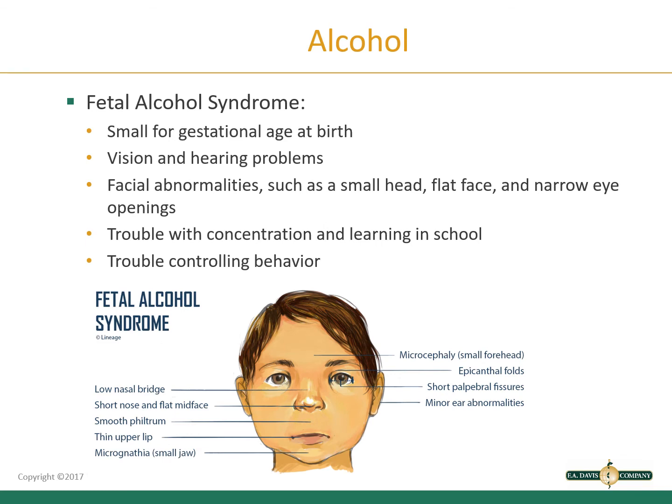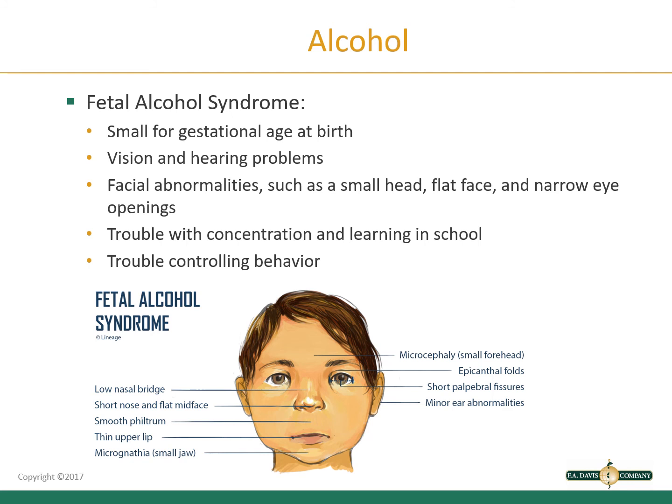Pregnant women should avoid alcohol throughout the pregnancy to prevent lifelong problems for their child. Fetal alcohol syndrome is a condition in a child that results from alcohol exposure during the mother's pregnancy. Fetal alcohol syndrome causes brain damage and growth problems.